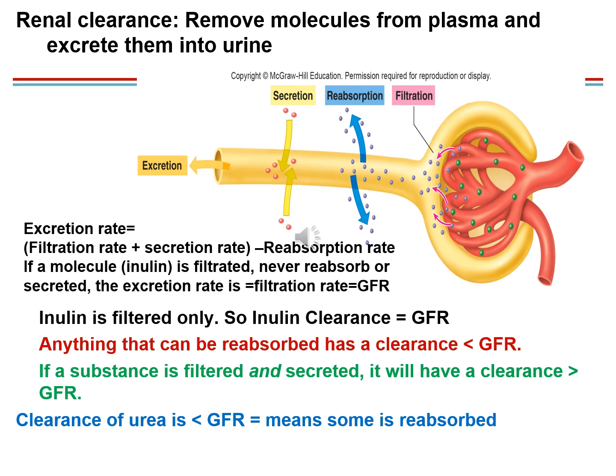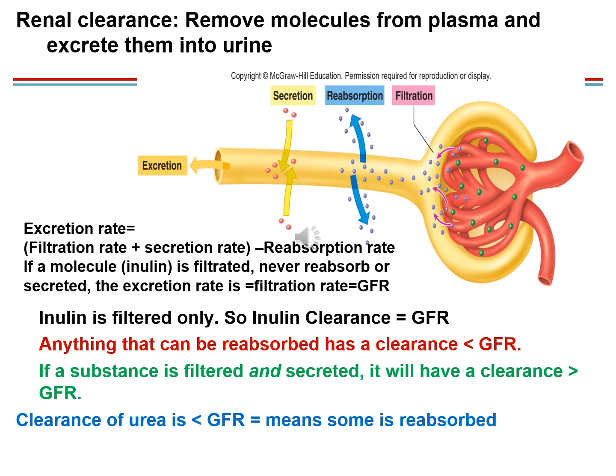I mentioned before that the excretion rate is calculated by the filtration rate plus the secretion minus the reabsorption rate. Now, sometimes the labs use different molecules to measure the glomerular filtration rate, because it's the only way to measure the renal clearance.